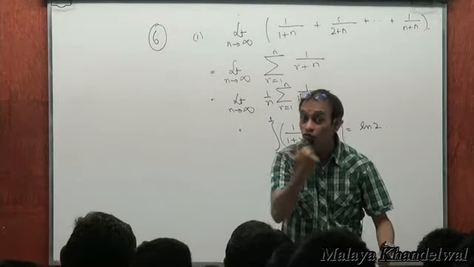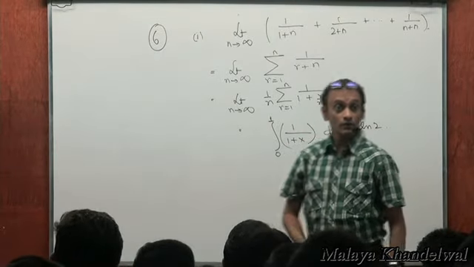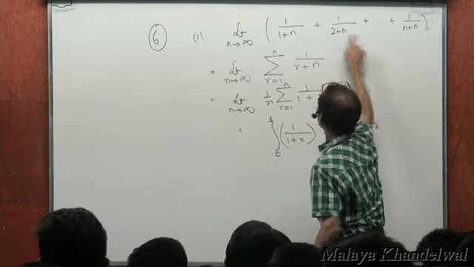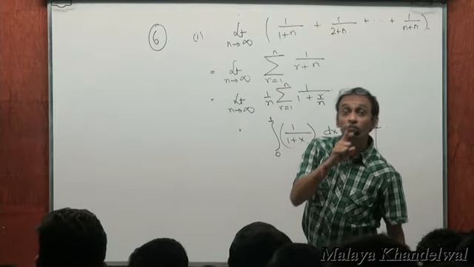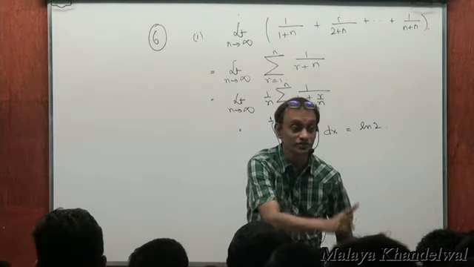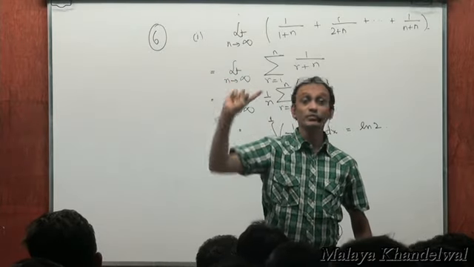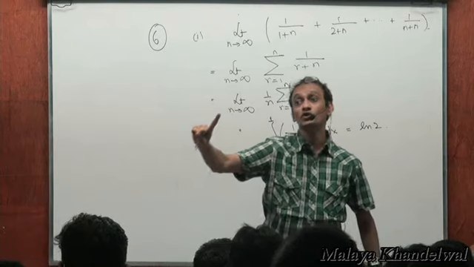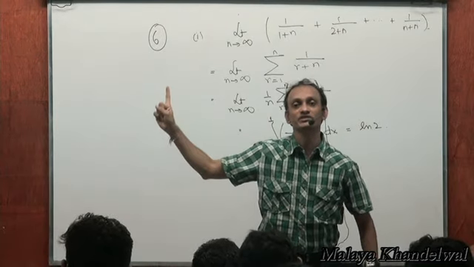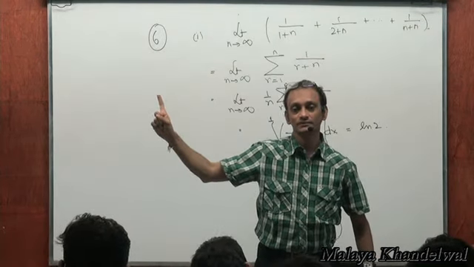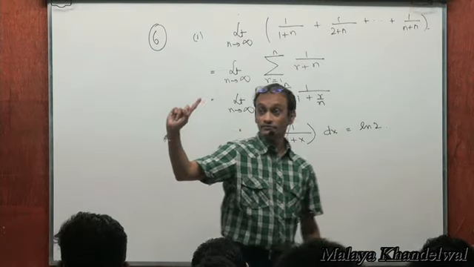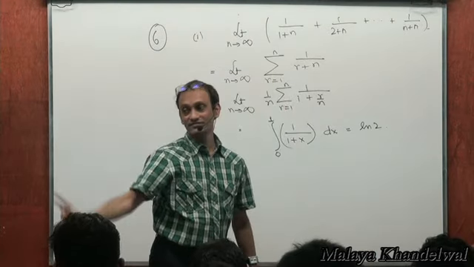No, no, no. You know what's wrong with that thinking? Limit of a sum will be sum of the limits only if the number of terms is finite. You can't apply that rule to an infinite number of terms. Therefore, you cannot apply that.